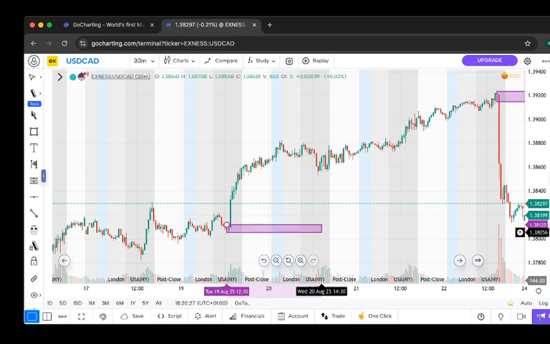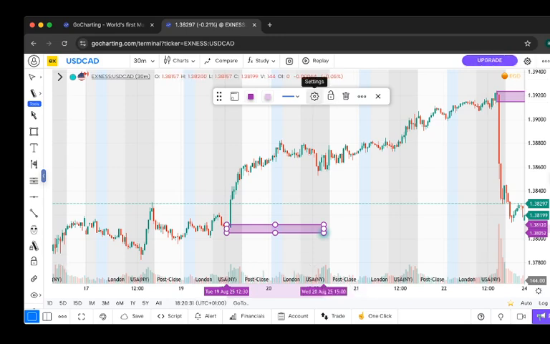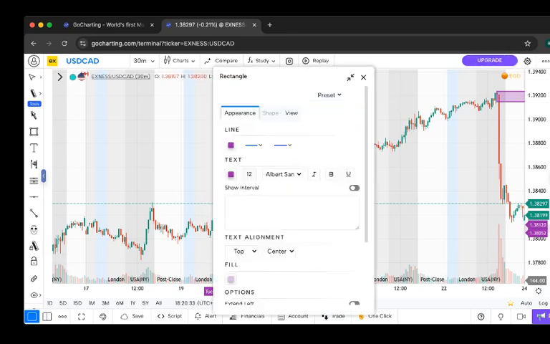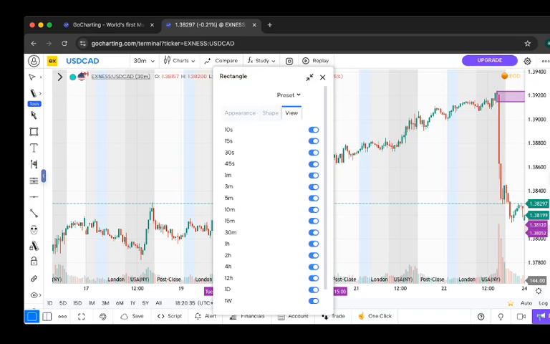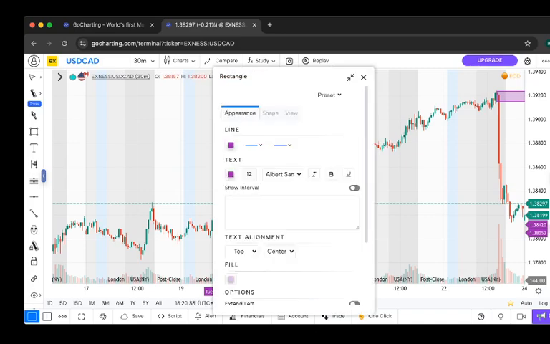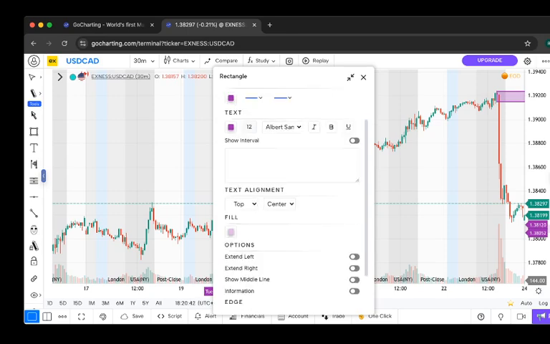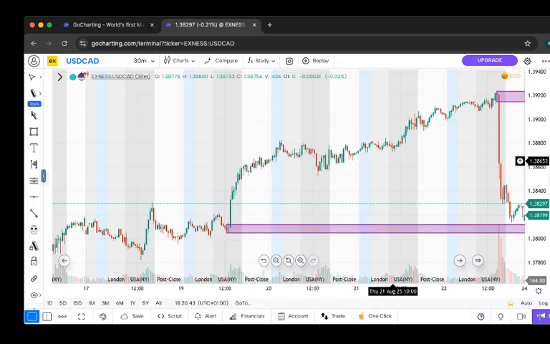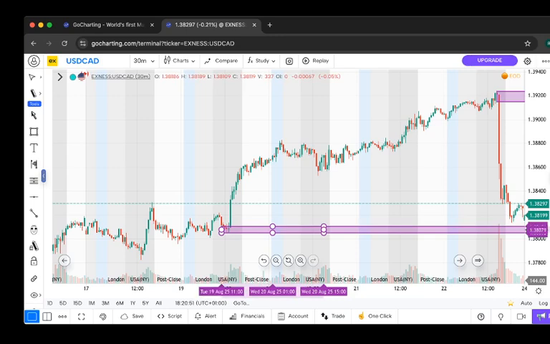After I do that, to make it easier, I can extend this to the right. Okay, that's great. So this was the zone I identified as our demand zone.